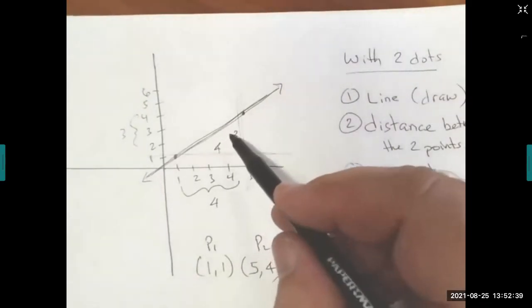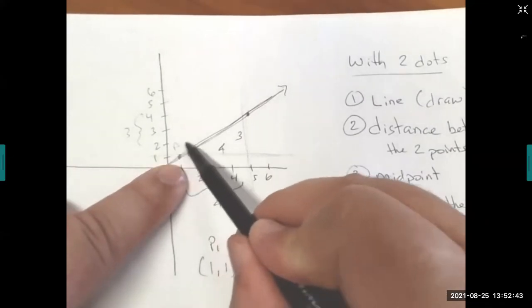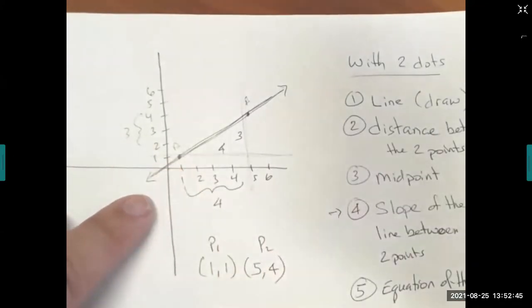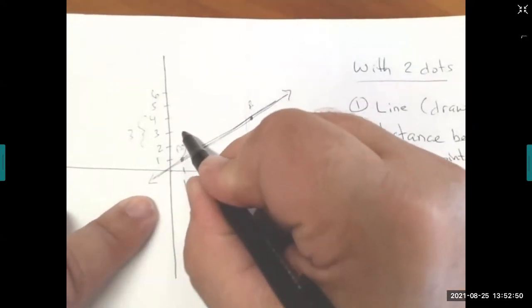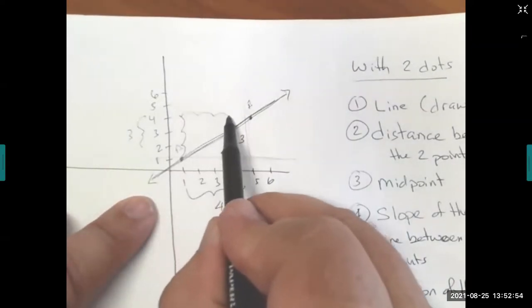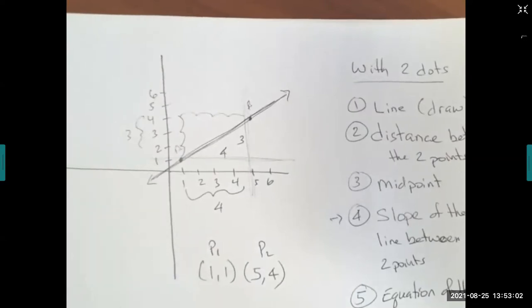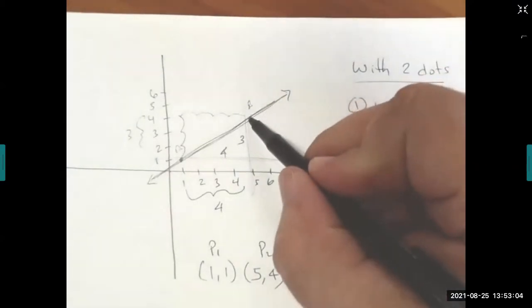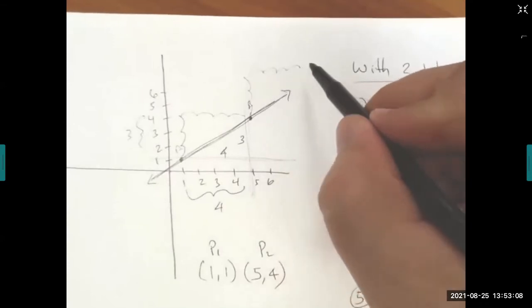So the slope of this line, from point A to point B, what do I do? I go up 3, 1, 2, 3, and over 4, 1, 2, 3, 4. That's why you always want to leave the slope as a fraction. So the next point would be up 3, 1, 2, 3, and over 4.